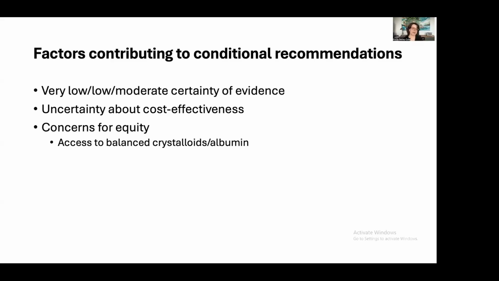And that's particularly relevant when we talk about albumin, and even in some settings, balanced crystalloids, which are a little bit more expensive in high-income countries, but this difference is even more meaningful in low-income countries. And that leads also to concerns for equity, right? If we were to issue a strong recommendation for albumin or crystalloids, it would have a meaningful impact on equity around the world.